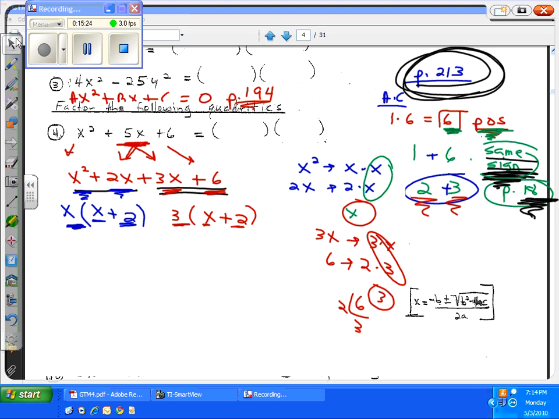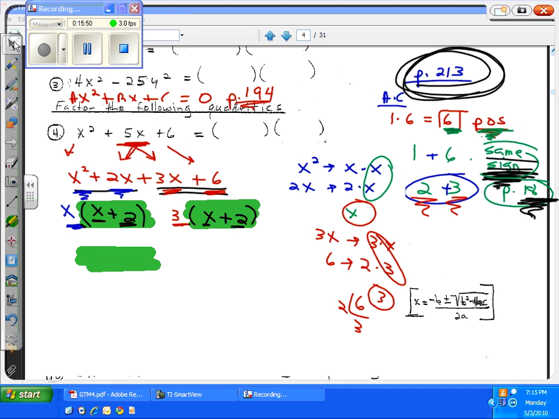So we get a x plus 2. Now, we're hoping for a common binomial. If we do not get a common binomial, either it doesn't factor or we made a mistake. But we did get a common binomial, and so now we will move to the next step.